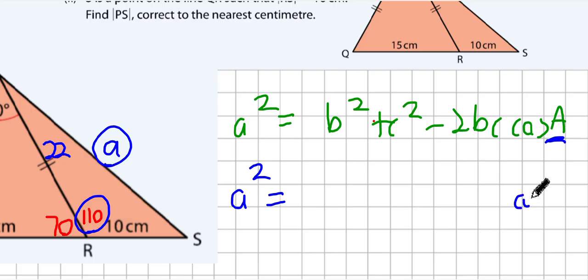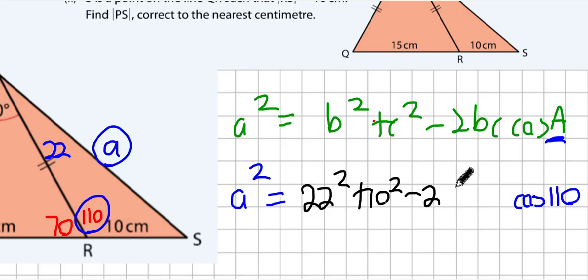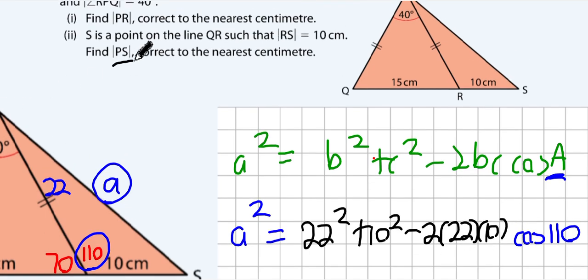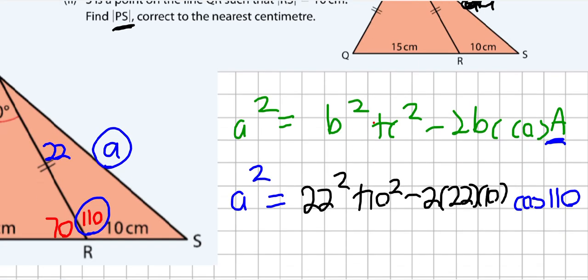Big A therefore has to be 110. And what about B and C, Jay? What do you reckon? 22 and 10. And what type of question is this? Length or angle? It's a length question, isn't it? Because we're finding the length of P to S, which we're calling A. So throw it all into the calculator.